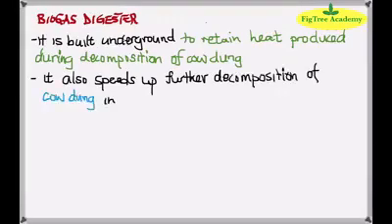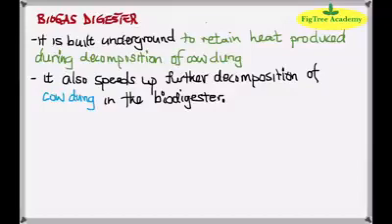And in that biogas digester, there is fermentation, which is the breaking down of organic matter in absence of oxygen. The bacteria or the microorganisms that decompose the cow dung respire anaerobically, which means they respire in absence of oxygen.